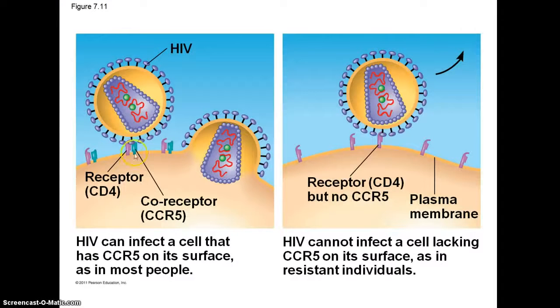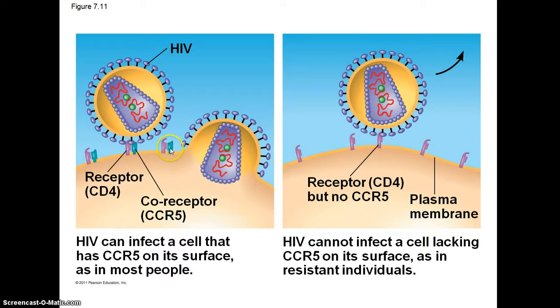The idea of surface substances alerting surrounding cells as to their identity is really evident in this HIV study. Now, despite numerous exposures to HIV, a very small number of people do not actually develop AIDS. Scientists have found that these resistant individuals actually lack the membrane component CCR5.